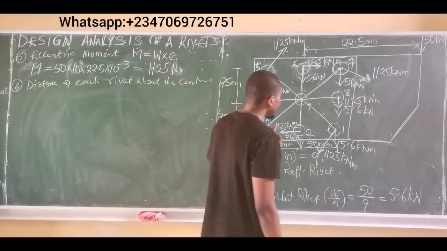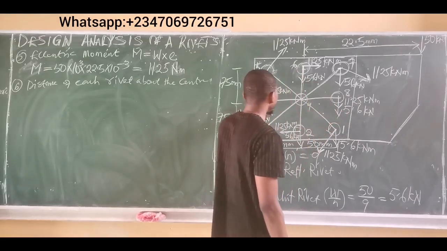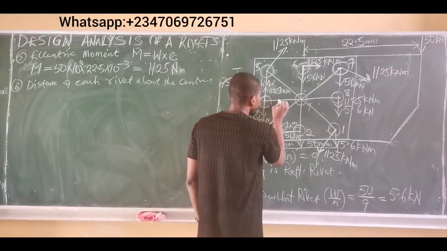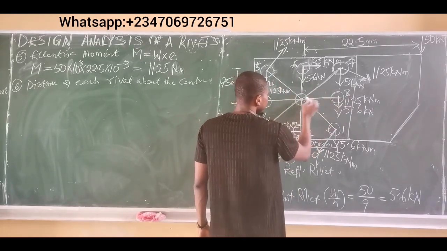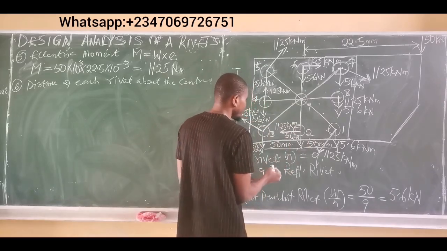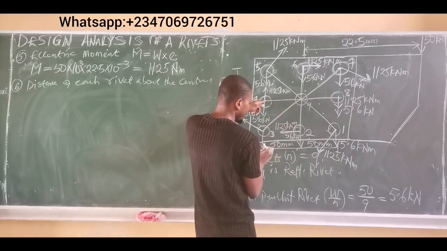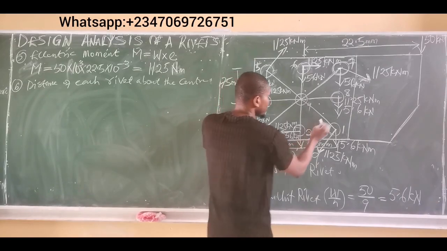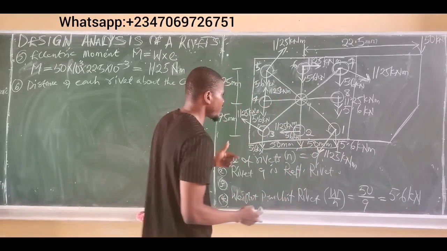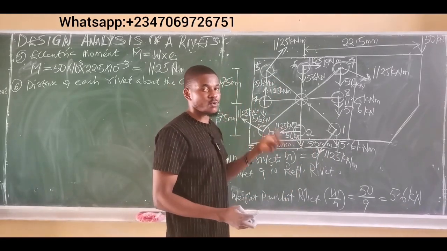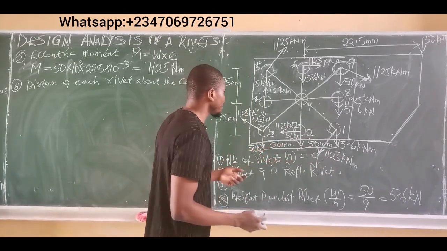So notice that rivet 8 and rivet 4 take equal distances to get to the center, which is simply from here to this point, covering this distance, 50 millimeter. Similarly, from here to this point, covering this distance, 50 millimeter. So rivet 4 and rivet 8 have the same distance.